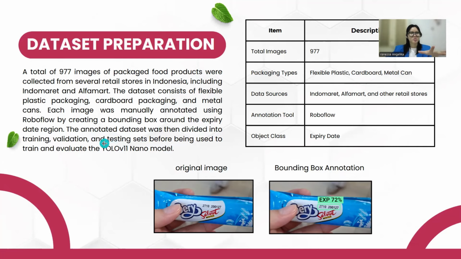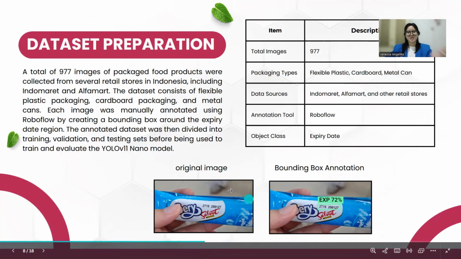The images were manually annotated using RoboFlow by creating bounding boxes around the expiry date region. As we can see in the images here, this is the original image, and this is the image after getting bounding box annotation in RoboFlow.